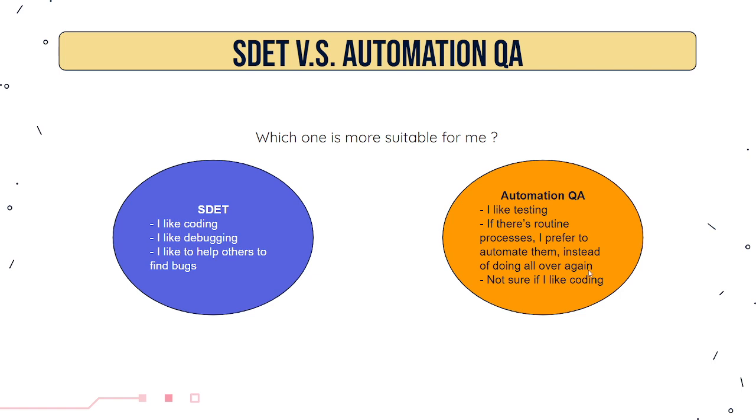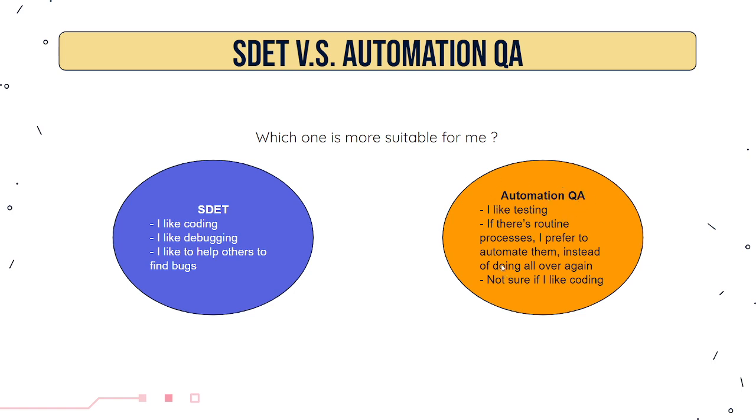But the first time is the most painful one, because you do the programming, and it might take you a week to build it, and you need to put other jobs on hold for this task. So this is option 2. If you prefer option 2, then I think you are suitable for being an automation QA.